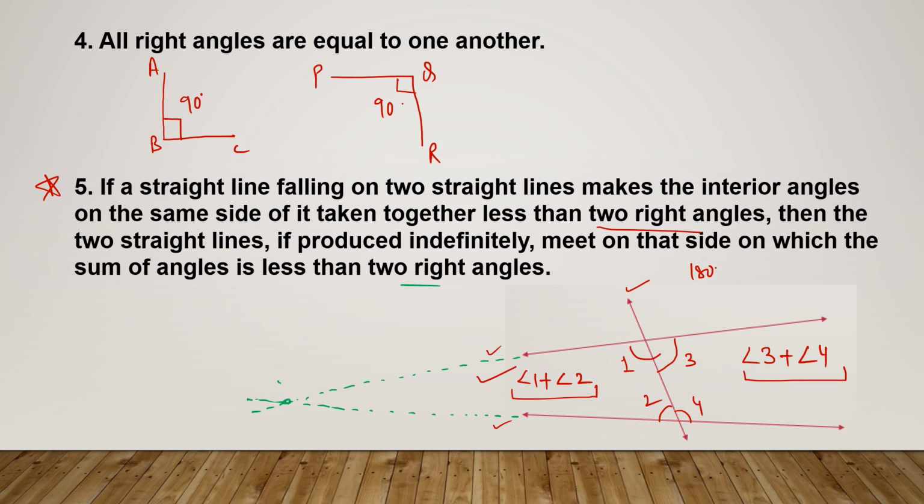Why are they meeting here? Suppose this point is P, because on this side the sum of these two angles is less than 180 degree. Now if you try to extend the lines in this direction, and this line also in this direction, they will never meet because here the sum of the angles is more than 180 degree. So this is our fifth postulate.